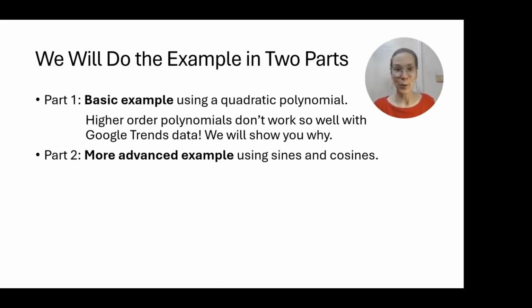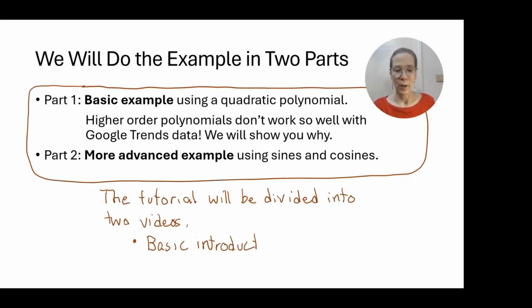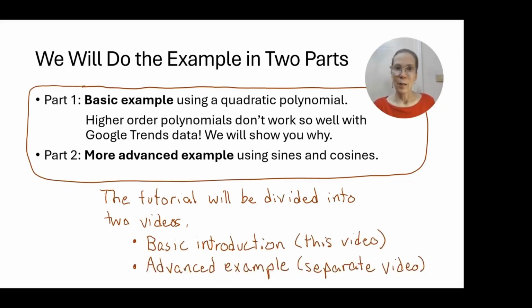They're very useful for this type of analysis, and we're going to demonstrate that in the second part of the tutorial. So to keep things clear, we're going to divide the tutorial into two different videos. The first is the basic introduction, which is this video. The second will be the more advanced example, and that will be in a separate video.